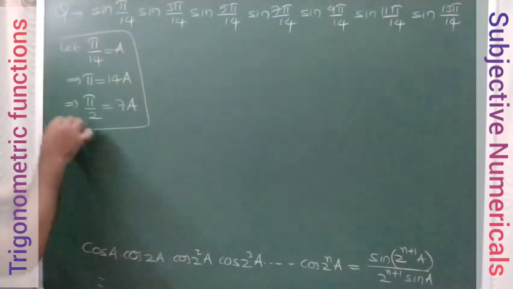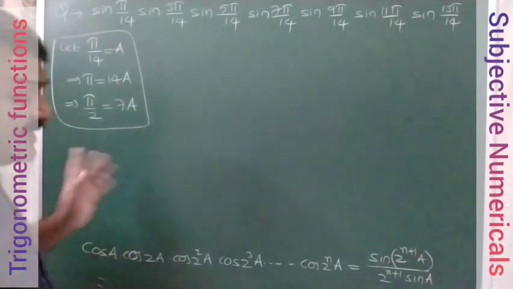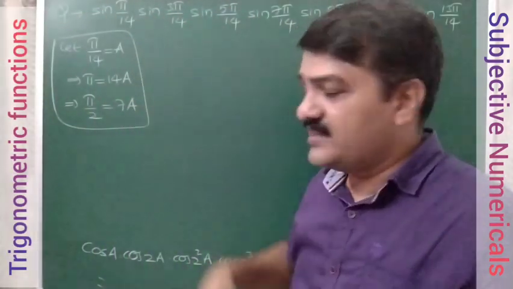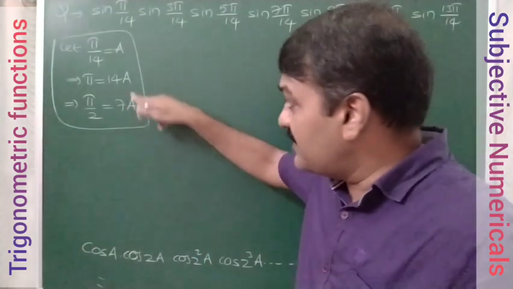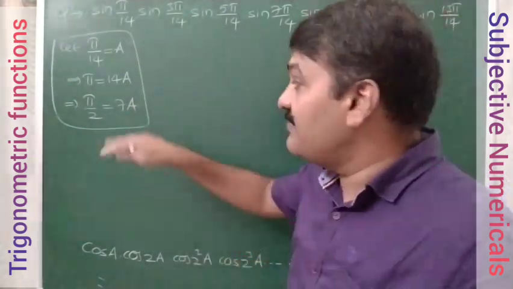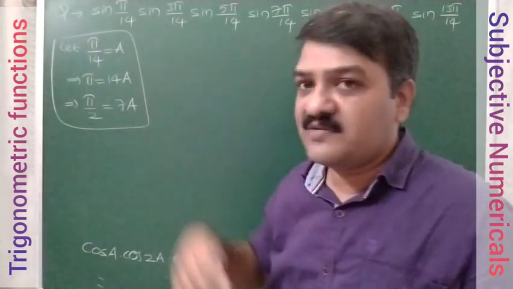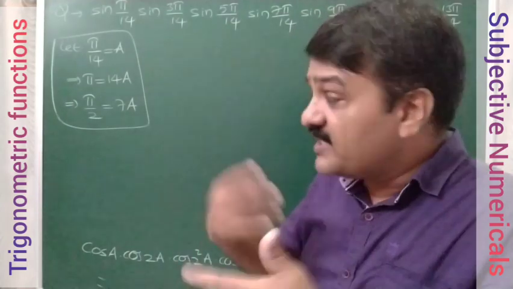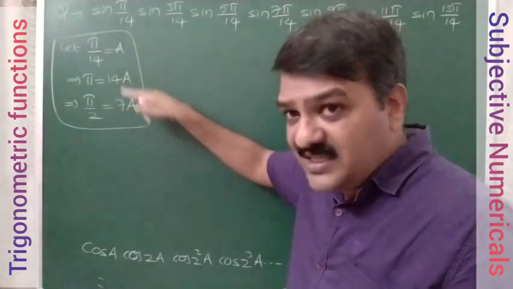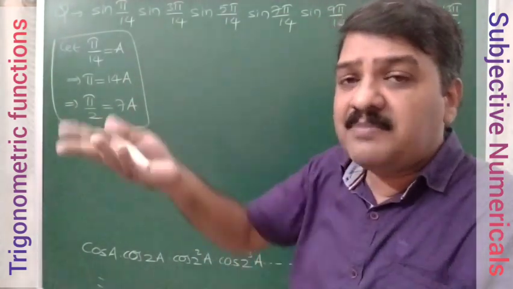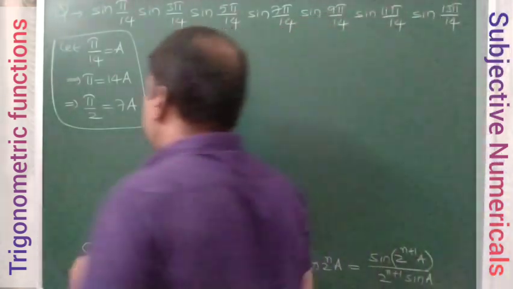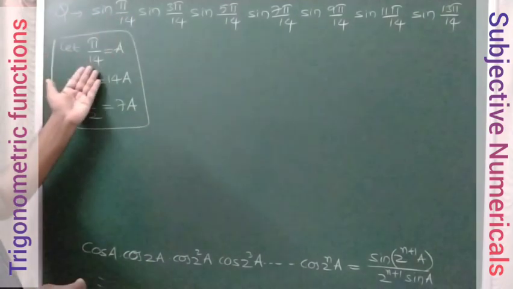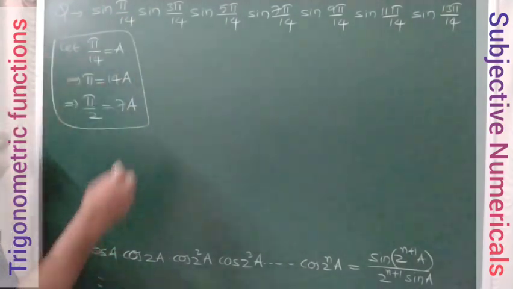Now for the modification purpose, we try to express the angles in terms of 7a, 14a like that, or multiples of 7a, such that we can use pi by 2 or pi in place of that, because 7a is pi by 2, 14a is pi. So if you express the angles in terms of these, you can use pi by 2 and pi in place of them. So let us write the angles in terms of a now.